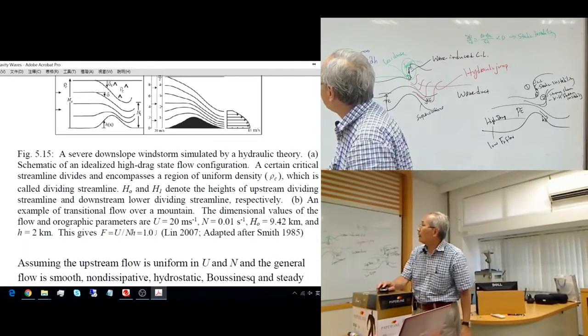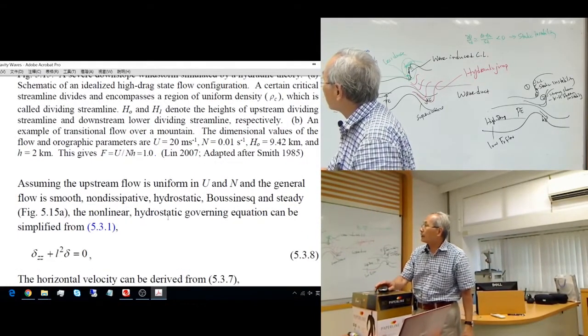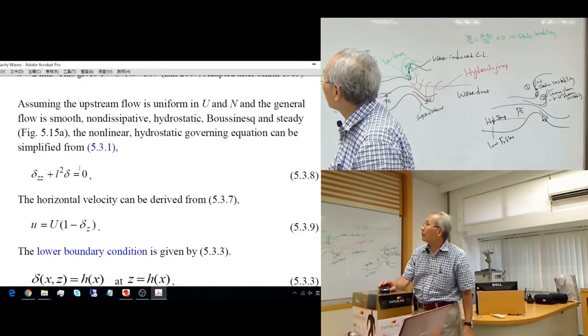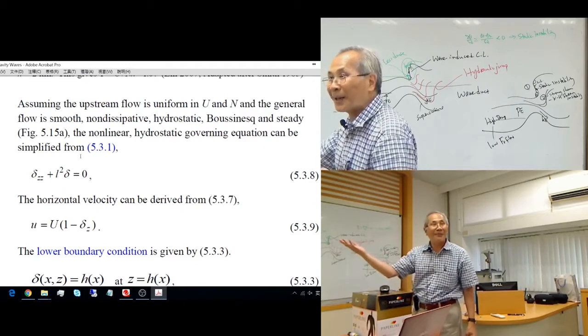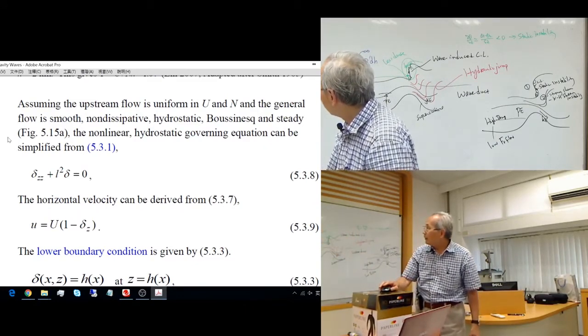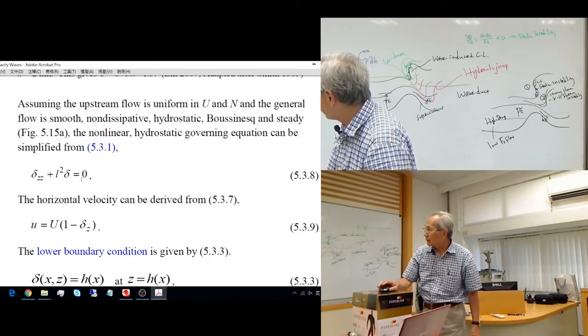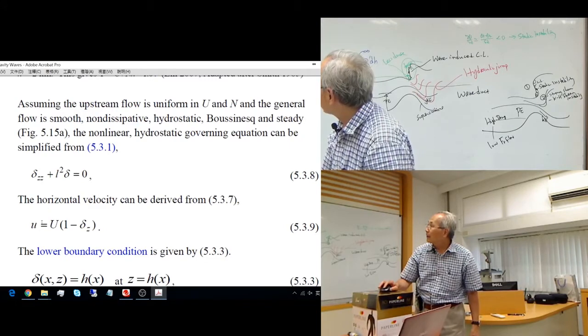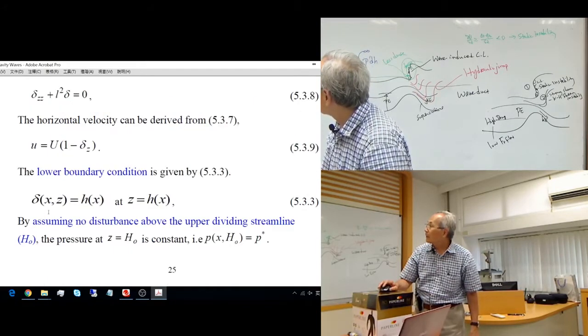And since it is nonlinear, and nonlinearity is very important, he applied Long's theory here, and then he gives the lower boundary conditions, this mountain.